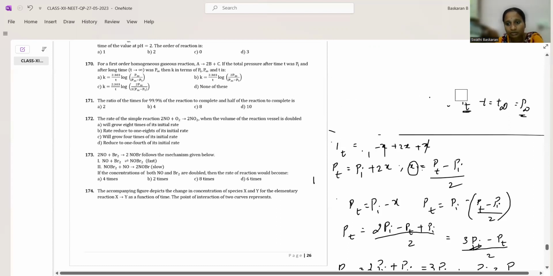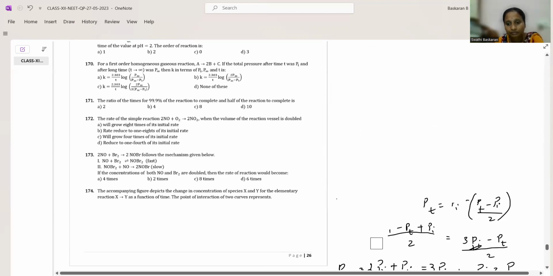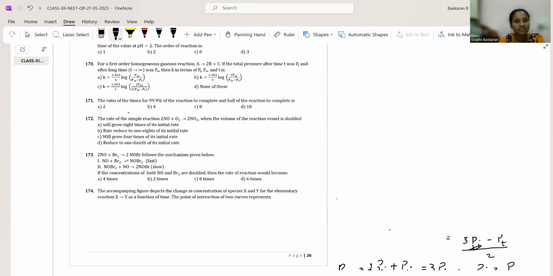So now we are going to solve the next question, which is the ratio of the times for 99.9% of the reaction to complete and half of the reaction to complete.